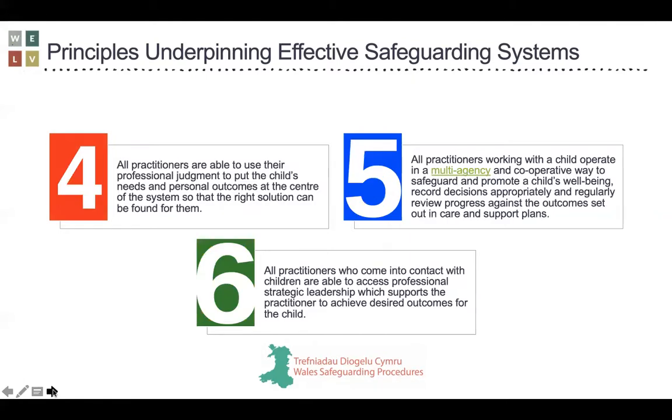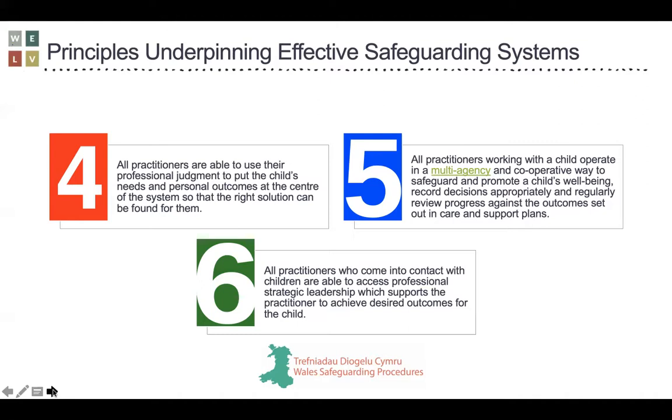The principles also clearly set out that all practitioners should be using their professional judgment in order to put the child's needs and their personal outcomes at the centre of what we're doing, in order that the right solution can be found for each individual child or young person according to their specific situation. All practitioners need to be working in a multi-agency and cooperative way. In a cooperative way with other partner agencies, but also in a cooperative way with the child and the family themselves.